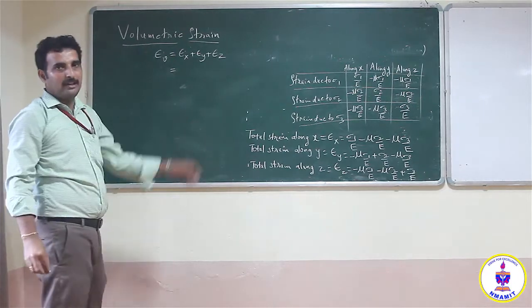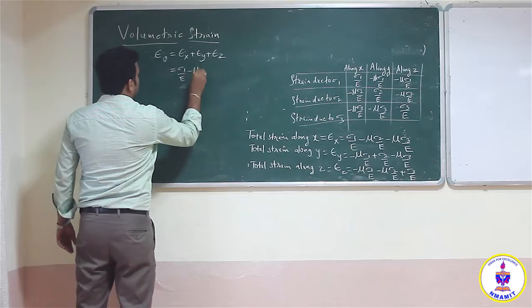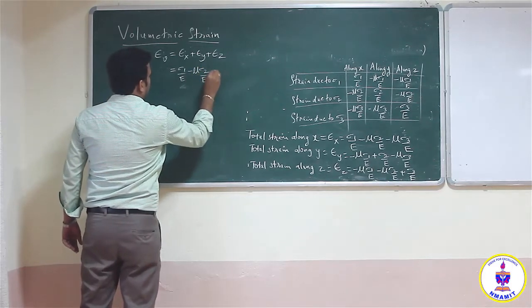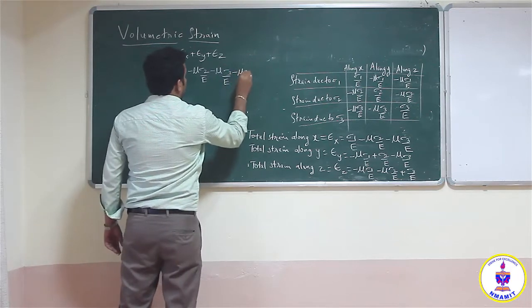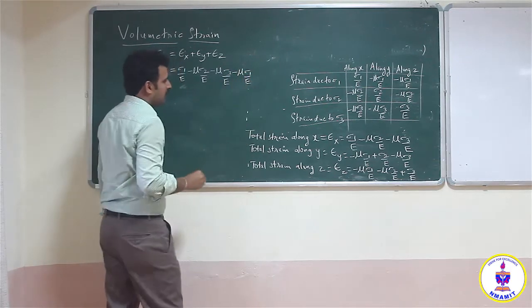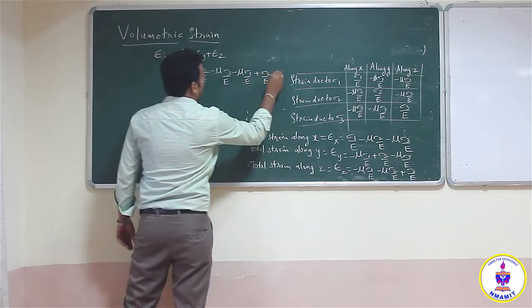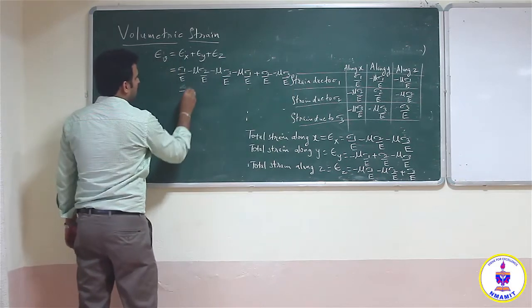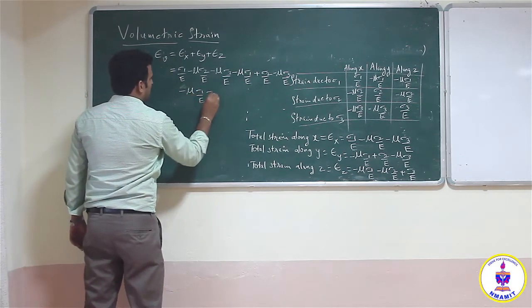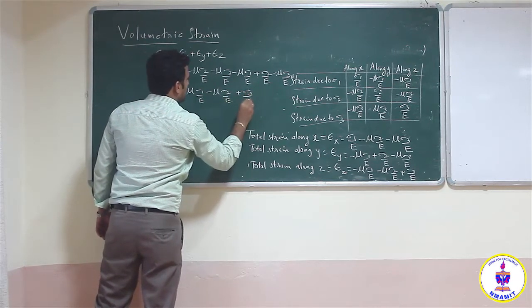So we'll add all these components of strain. So sigma 1 by E minus mu into sigma 2 by E minus mu into sigma 3 by E minus mu into sigma 1 by E plus sigma 2 by E minus mu into sigma 3 by E minus mu into sigma 1 by E minus mu into sigma 2 by E plus sigma 3 by E.